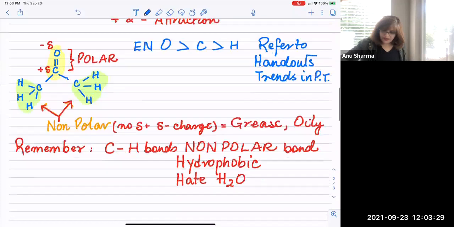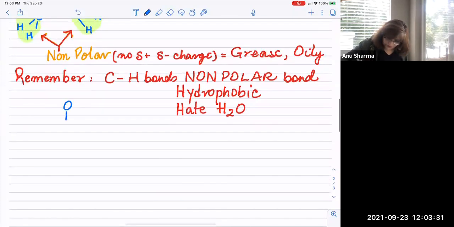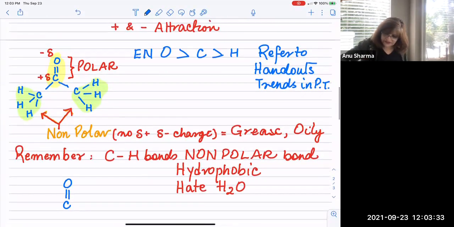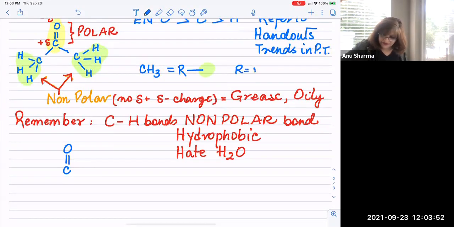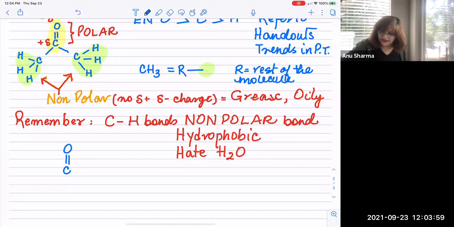So look at this. Here is this oxygen, double bond carbon, and the CH3 groups can also be written like a line. In that line, this end, this corner, is the CH3 group, and R is the rest of the molecule, and it could be anything. But as far as this piece is concerned, this is CH3.